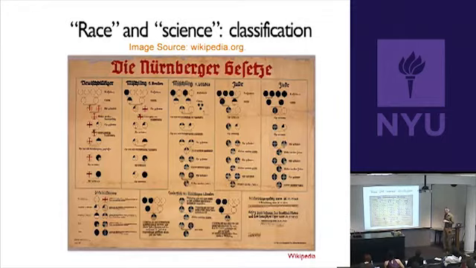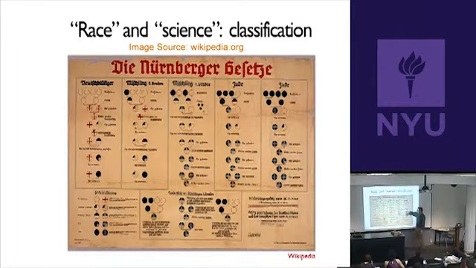And you can see the sort of scientific sheen that's given here. You have pedigrees, basically, of families. And if you had 4 German grandparents, okay, you were considered German, right? If you had either 3 or 4 Jewish grandparents, you were considered Jewish.